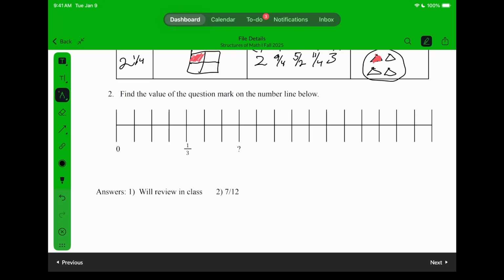So 0 to 1/3. So 1, 2, 3. This fourth line is 1/3. So 1, 2, 3. This is 2/3. 1, 2, 3. That's our 1. Then from here, we can finish filling out the little pieces by counting how many ticks are from 0 to 1. So we have 1, 2, 3, 4, 5, 6, 7, 8, 9, 10, 11, 12. So our unit size is 1/12.